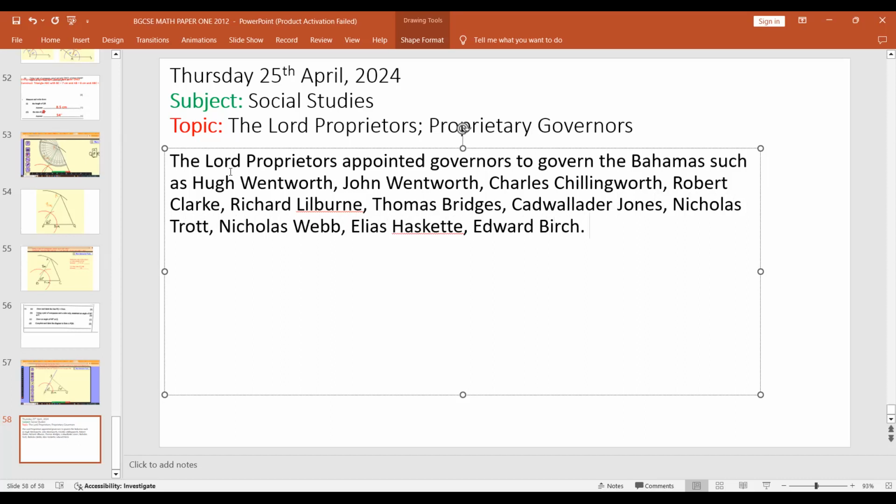If you look at the last names of these people, like Clark, you get the sense that a lot of names that we call Bahamian names are actually European last names, especially when we consider our heritage with the loyalists, the Lord Proprietors, and England and Britain.